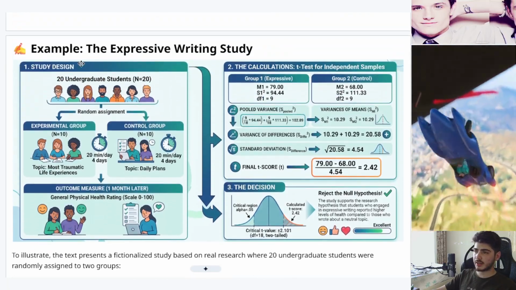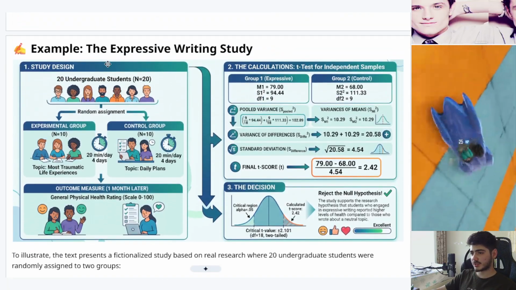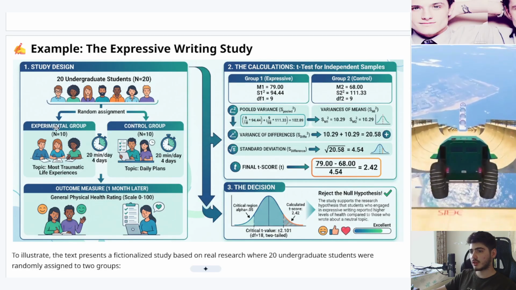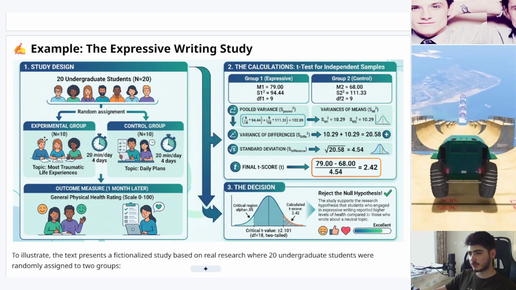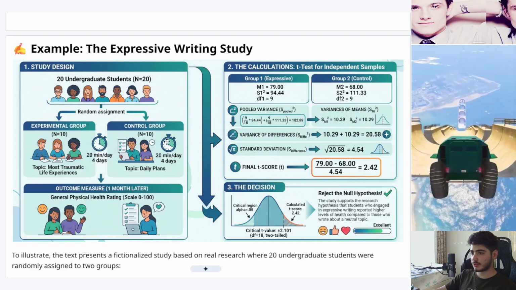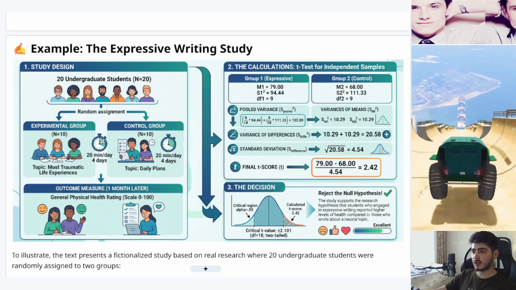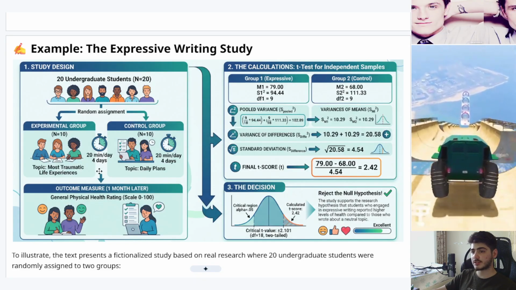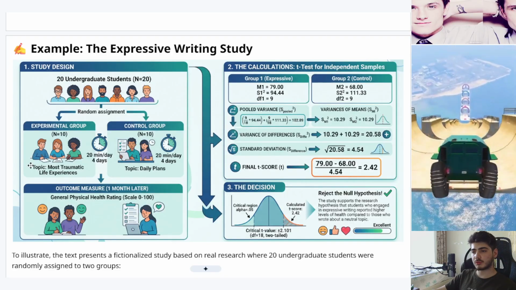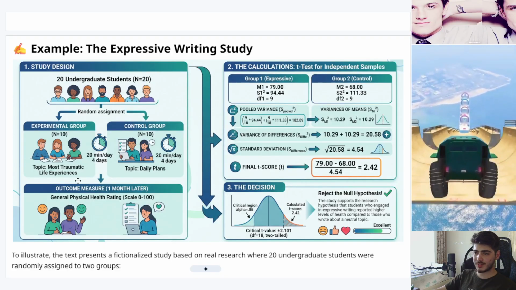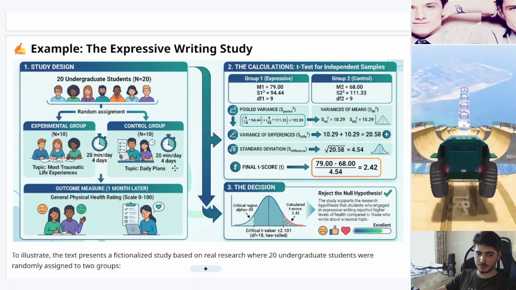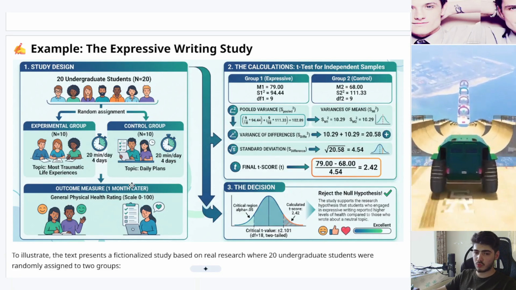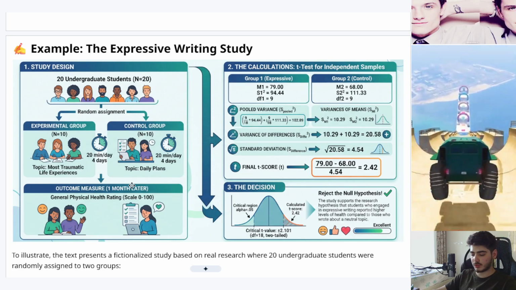So when we look at it in an expressive writing study, just as an example, as you can see, we have an experimental group of 10 people and a control group of 10 people, and they study for 20 minutes a day for 4 days. Then one group writes about their most traumatic life experiences, and the other group just writes about whatever, nothing important really.